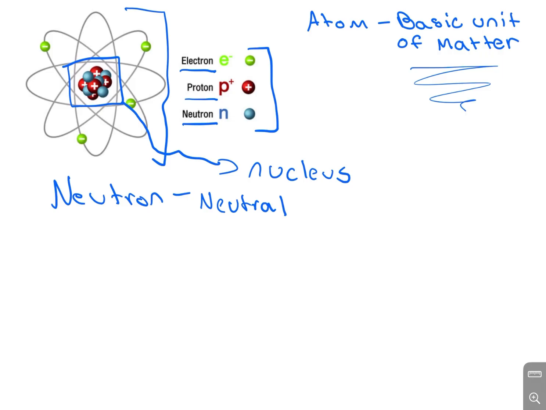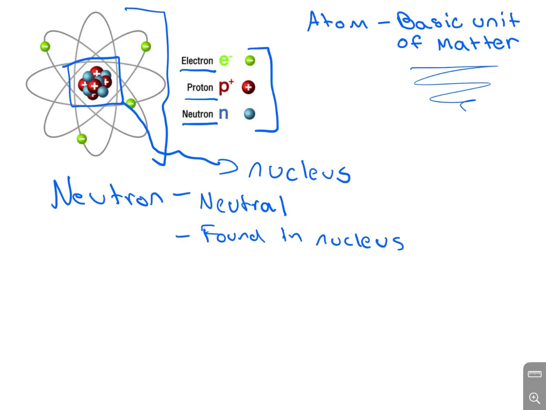A neutron's main purpose is for its mass. The mass of the neutron is used to identify the atomic mass of an element. It's found in a nucleus.